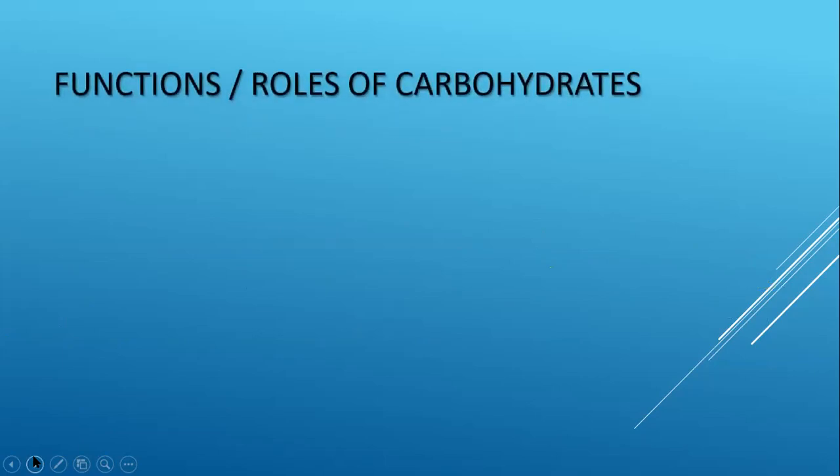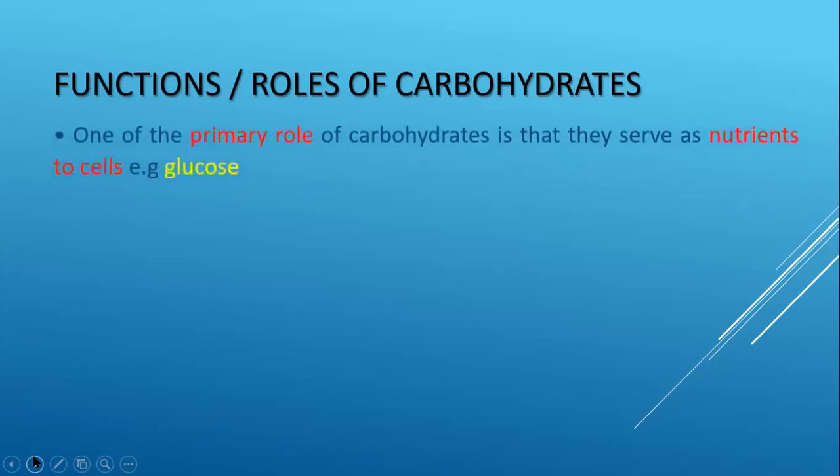Now, what are the functions of carbohydrates? Carbohydrate performs a lot of functions in our environment and even in us. First of all, the most important function of carbohydrate is its primary role as a nutrient.